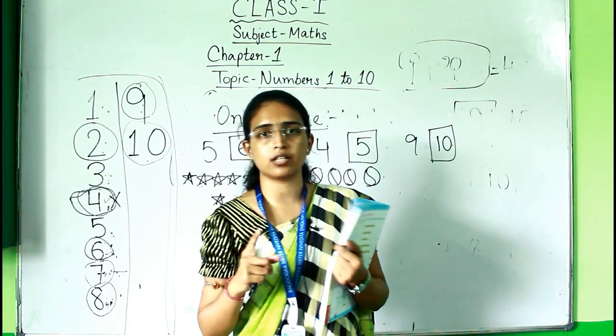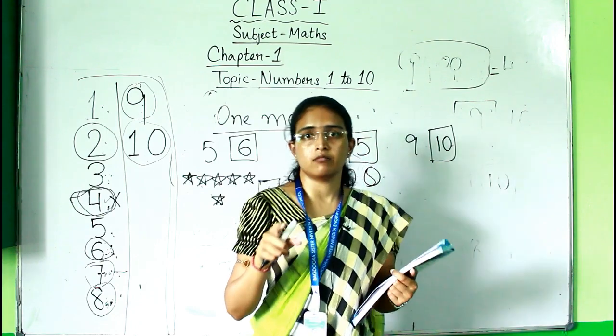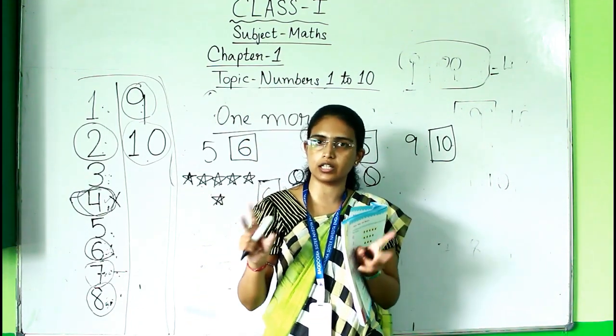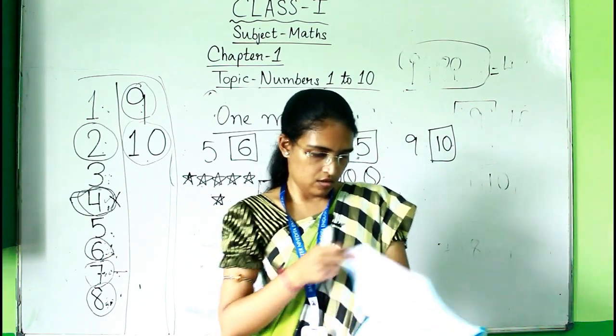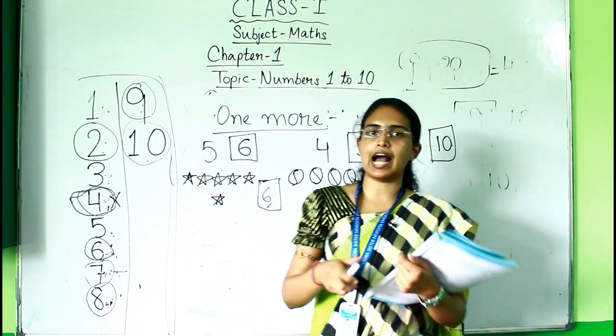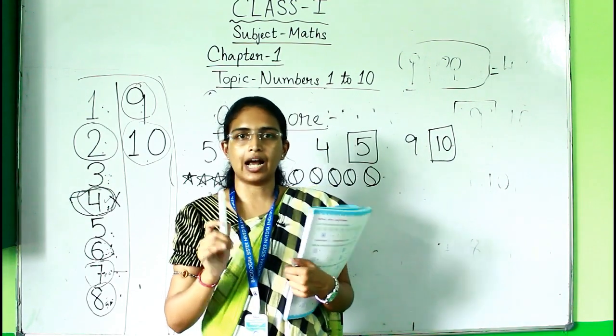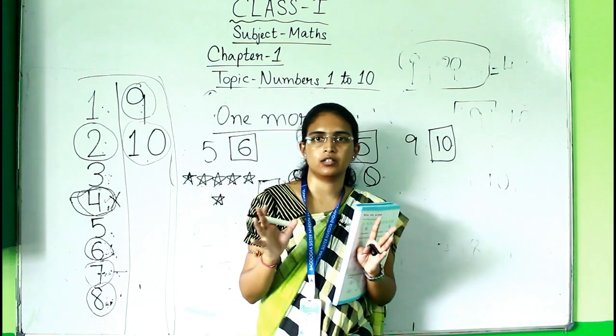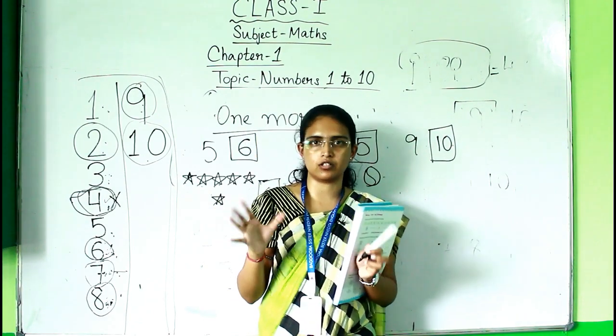What did I say in the previous class, what is zero? Zero means nothing. So if I have one pen and I give it to you, how many pens do I have left? No, nothing. Zero.